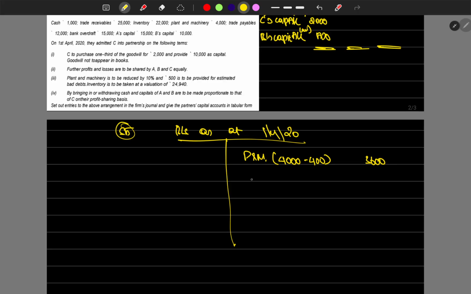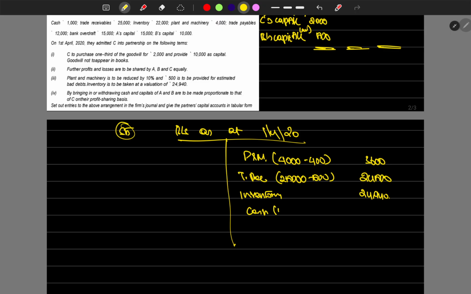What's for debtors? Debtors has to be reduced by 500. Existing debtor balance, which is trade receivable, 25,000 minus 500, which is 24,500. Then what else? Inventory has been increased to 24,940. Any other balance?